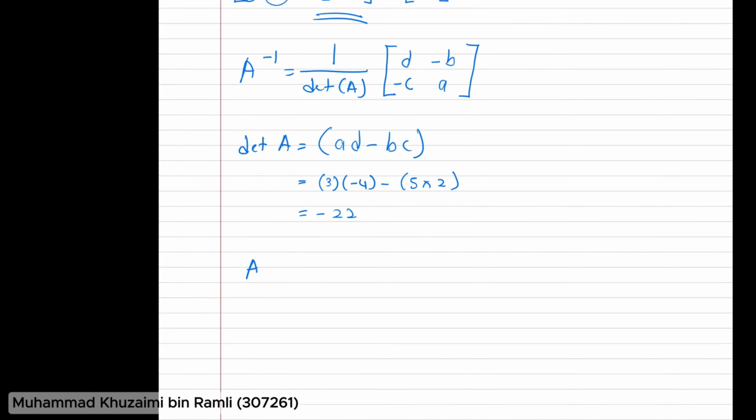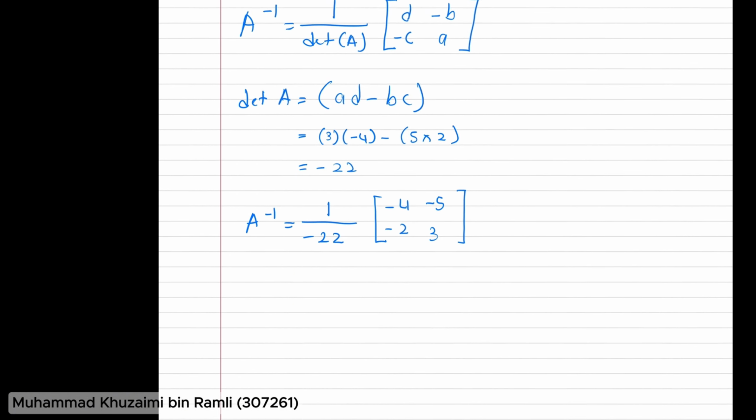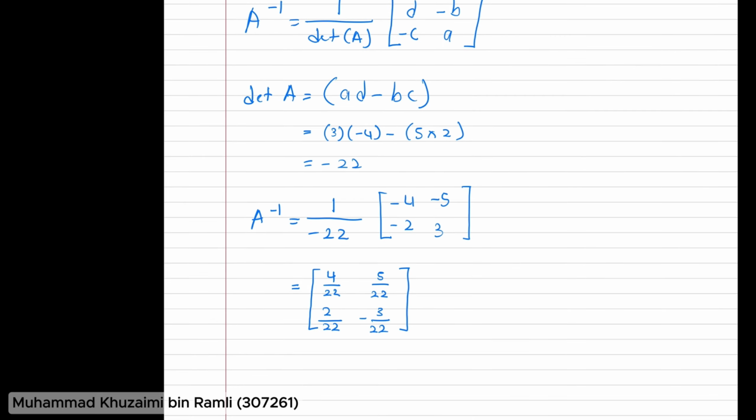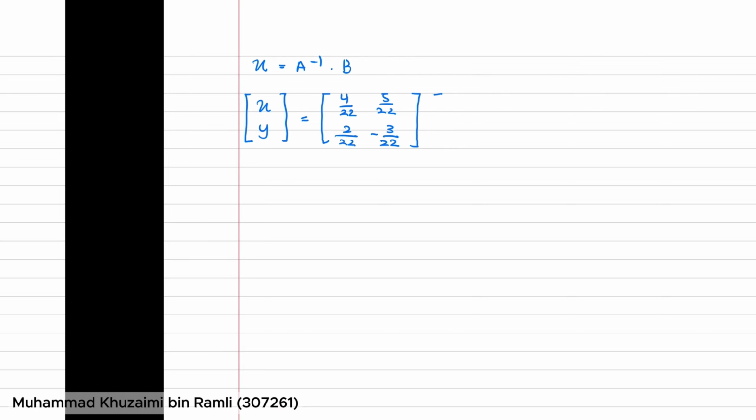Then we simplify it, and after that we substitute A inverse and B into the formula above. So x and y equals our A inverse multiplied with our B, which is 11 and negative 2.